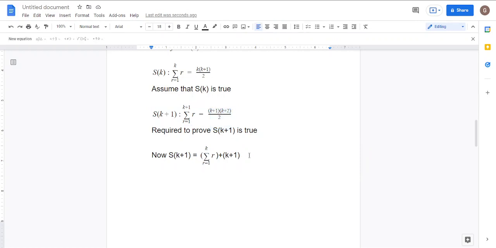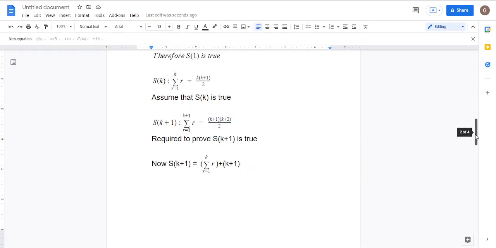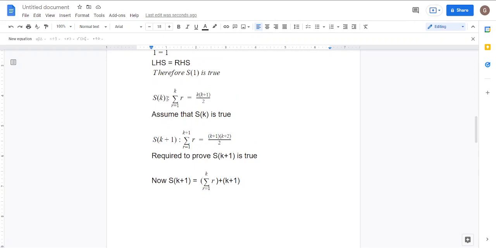So if we look back up to our inductive assumption, we said previously that the sum of r from 1 to k is the same thing as this. As I said before, as long as they're equal, we can replace them or use them interchangeably. So I would replace this with this.